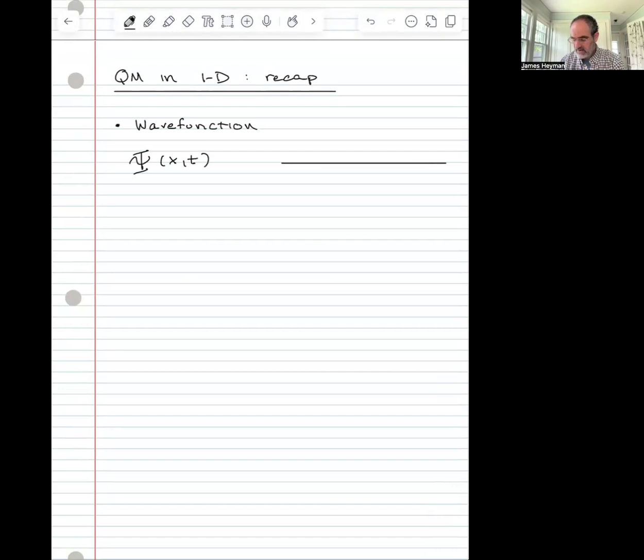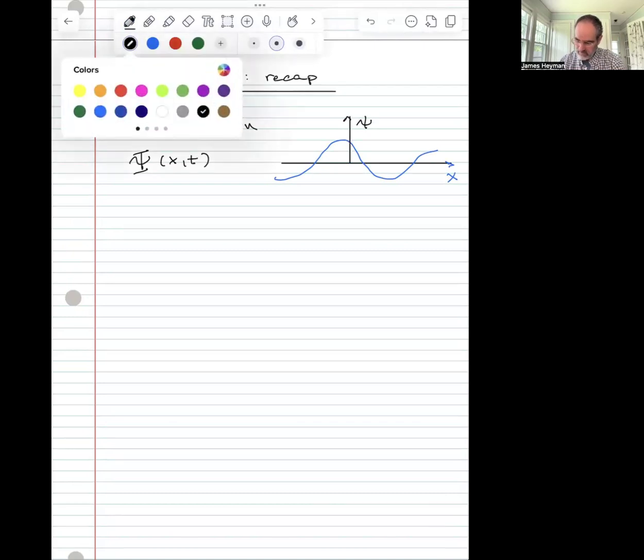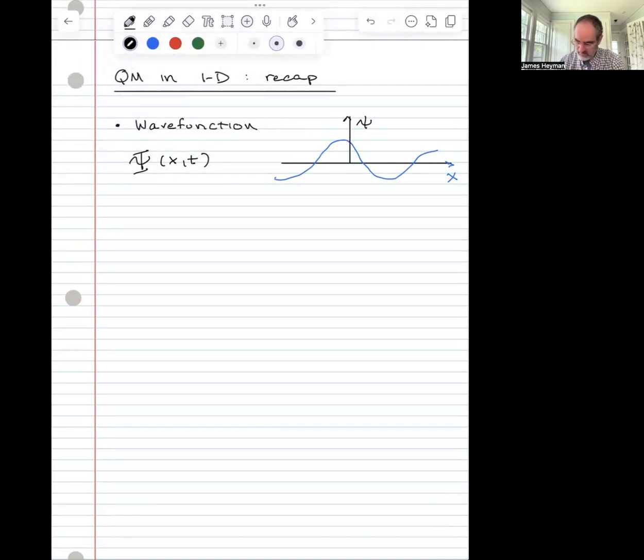And of course, the wave function is a function that has a value at every position in space and at every time, in the same way that most waves do. So we represent quantum systems as wave functions. The wave function tells us the probability to find the particle at any location in space.